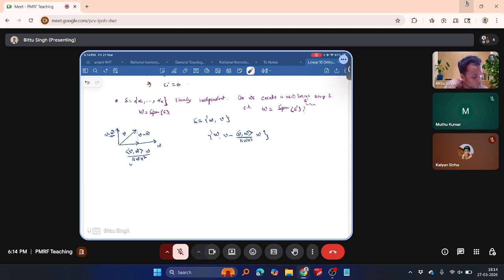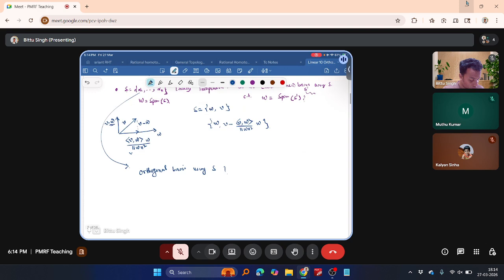You can prove that those two are orthogonal. This is the intuition: you need to see that the inner product of this comma this equals 0, which you can easily verify. But this is the main intuition behind this. In general, given alpha 1 up to alpha n, we want to create an orthogonal basis out of this old basis, using S. Can we create an orthogonal basis of W using this S?